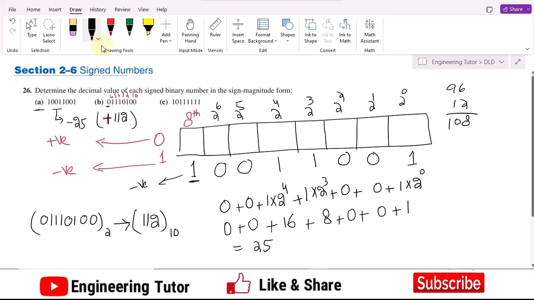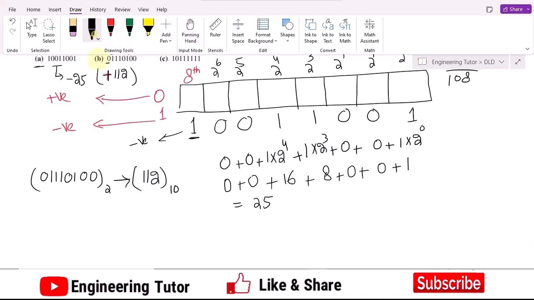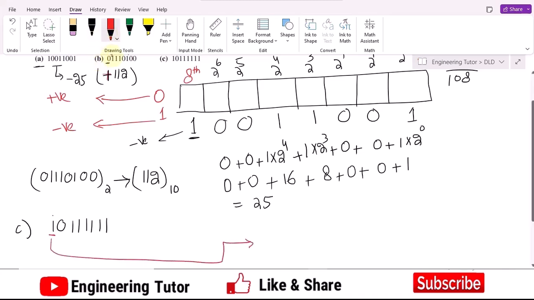Now solving the last one, which is 1 0 and all others are 1. So how much would it be? We can very easily see that this is 1, so it shows me a negative number.